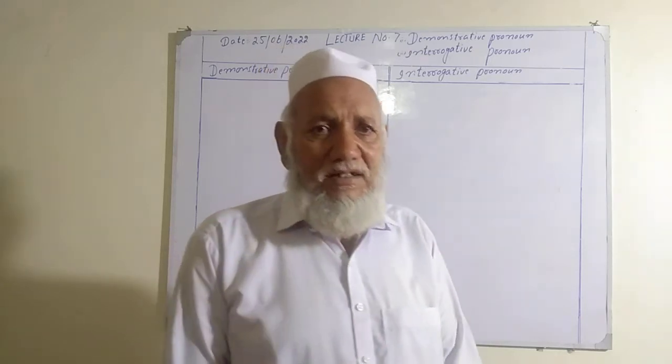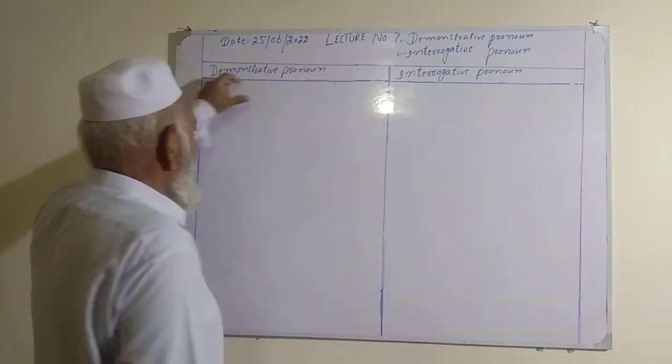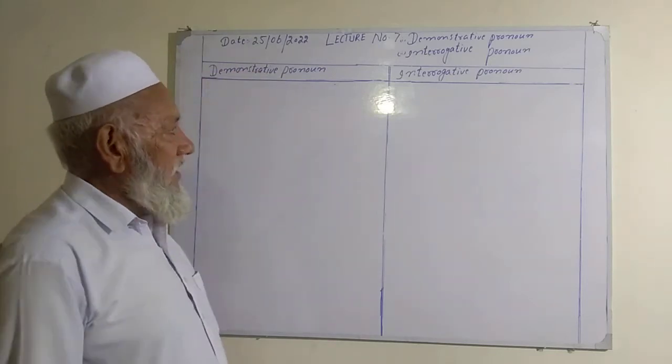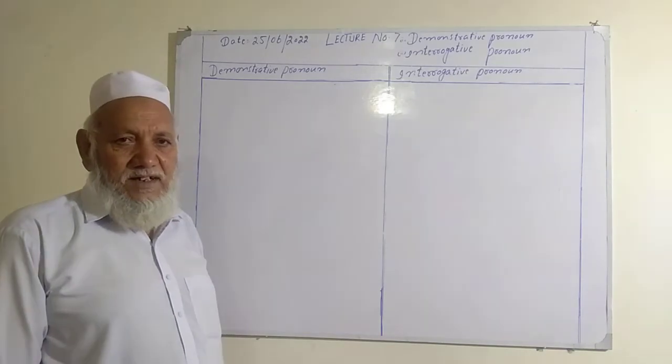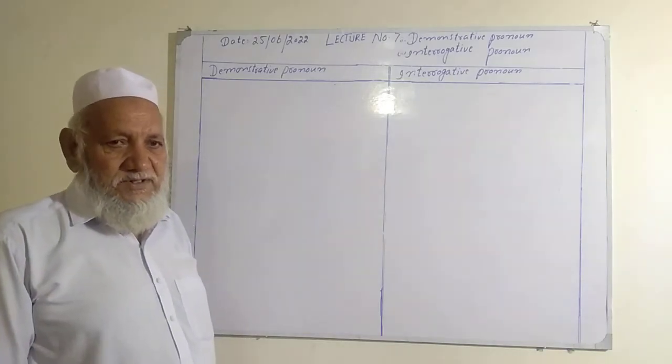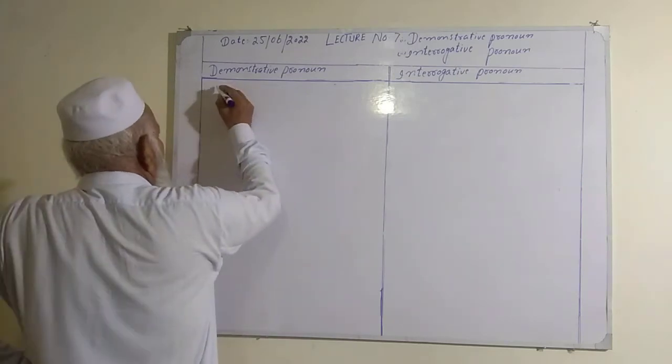Now come to the board. There you have knowledge that demonstrative pronoun and interrogative pronoun. But first it is necessary for us to take a start from the demonstrative pronoun.